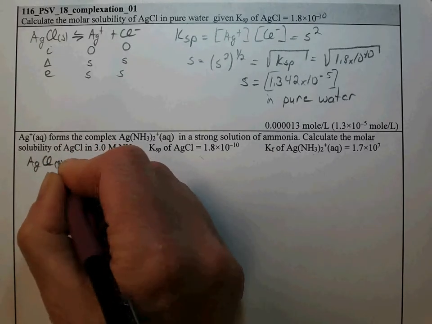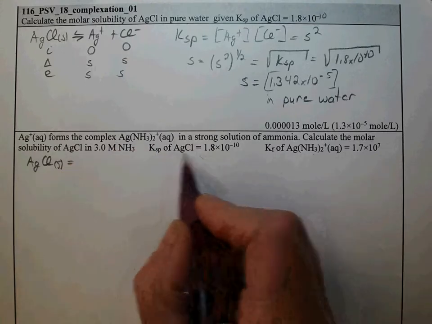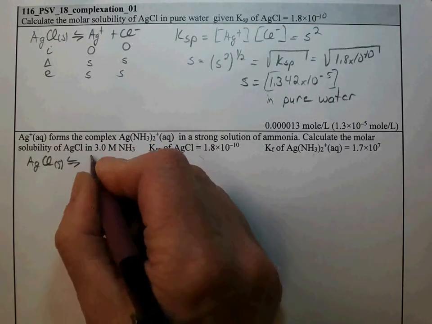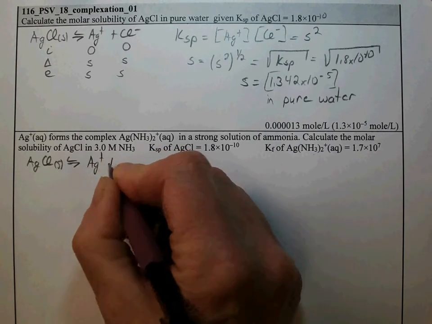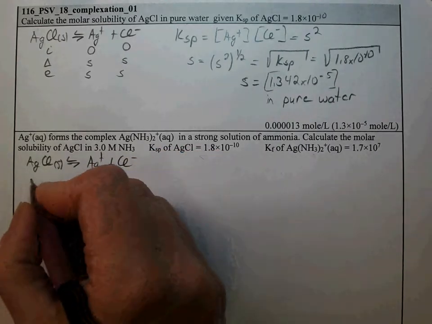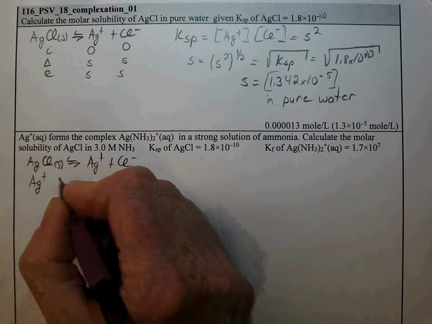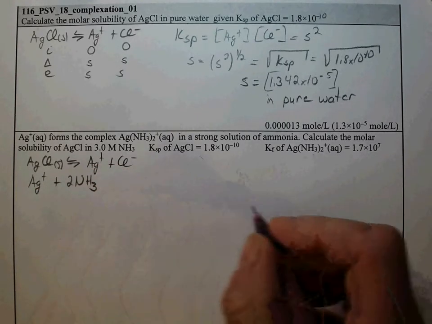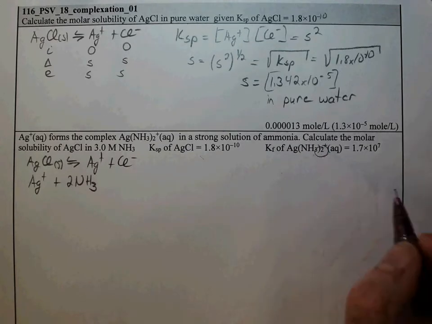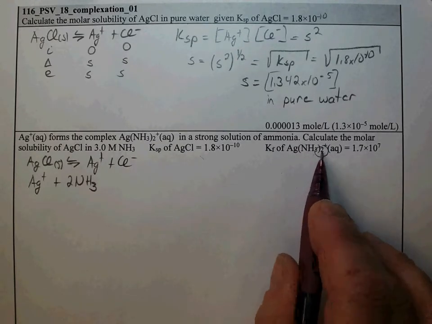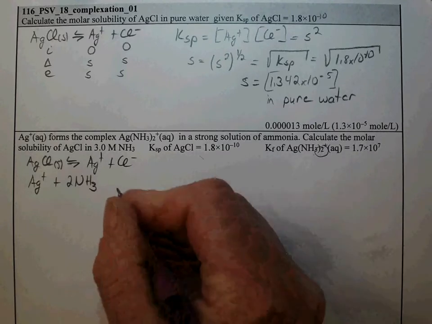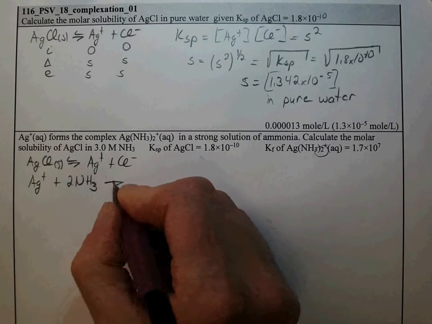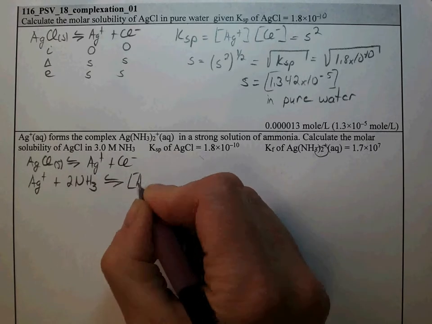In order to form the complex, we have to first have silver ion in solution. And then once the silver ion is in solution, it reacts with the ammonia. Noting from our complex here, we need 2 ammonias for every mole of silver ion. So then we can make our complex.